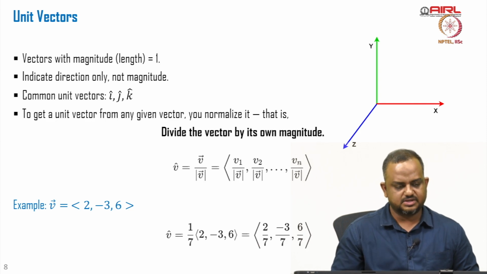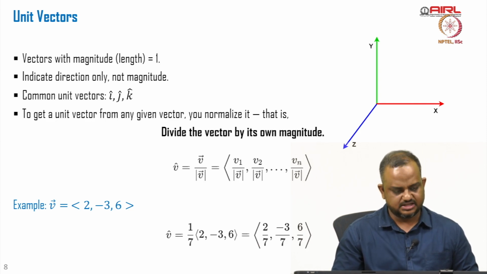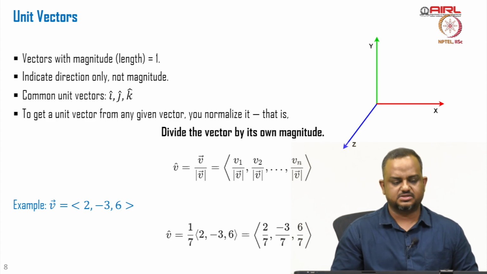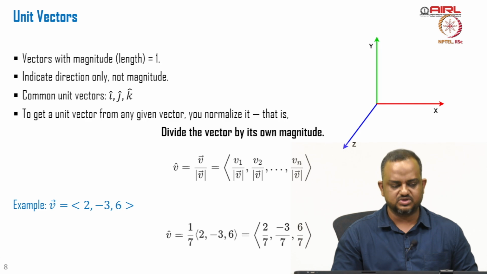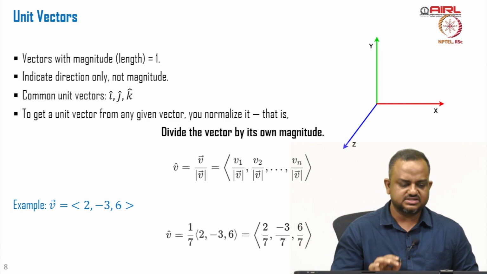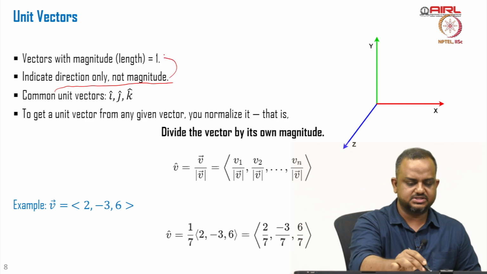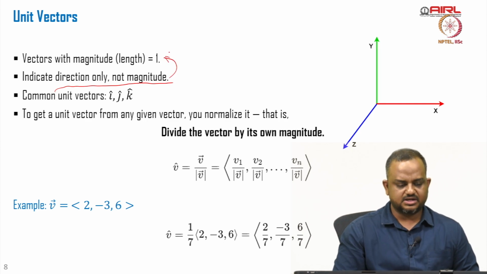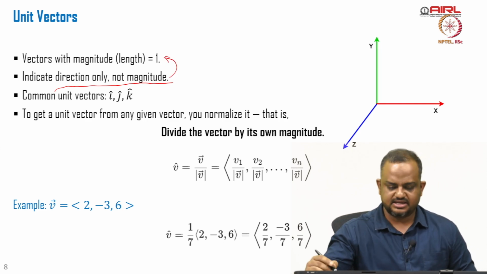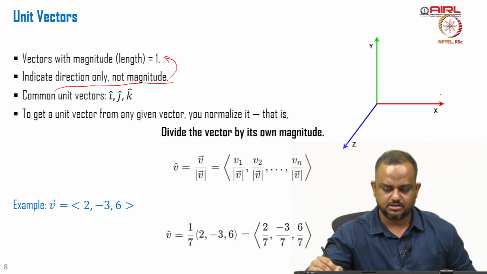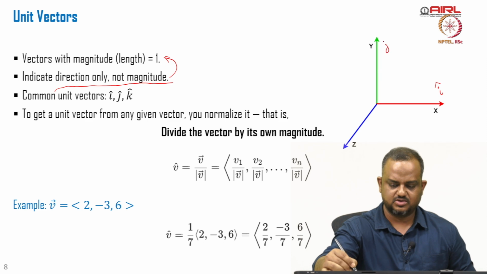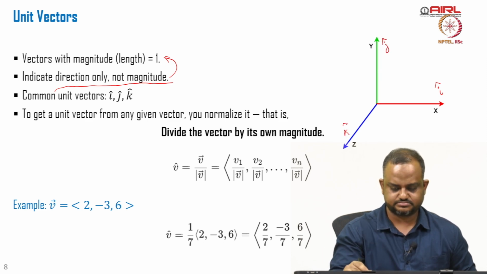Now comes another concept which is very important in vector algebra and coordinate systems, that is called unit vectors. Vectors with magnitude equal to 1 are called unit vectors. So the unit vectors indicate only the directions and not magnitude, because the magnitude itself is 1. There are common unit vectors like i, j and k cap, which show the directionality in the x, y and z axes.